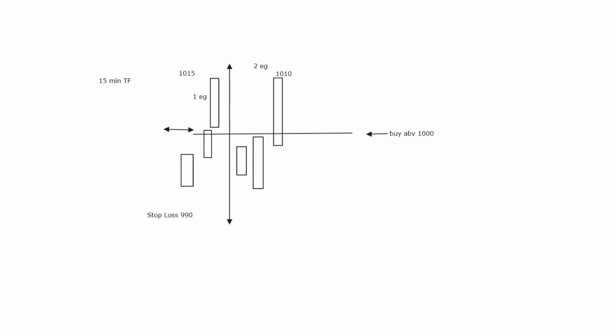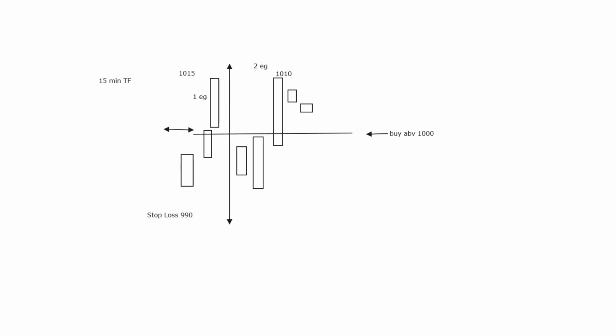When I tell you to buy above 1,000, you can always wait for a retracement. For example, the next candle can open like this, then the next candle can come here, and the next candle can start going up.